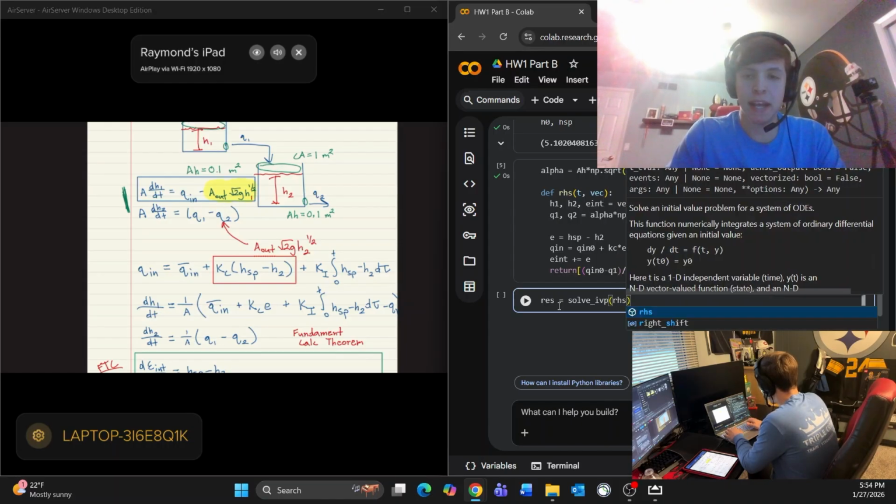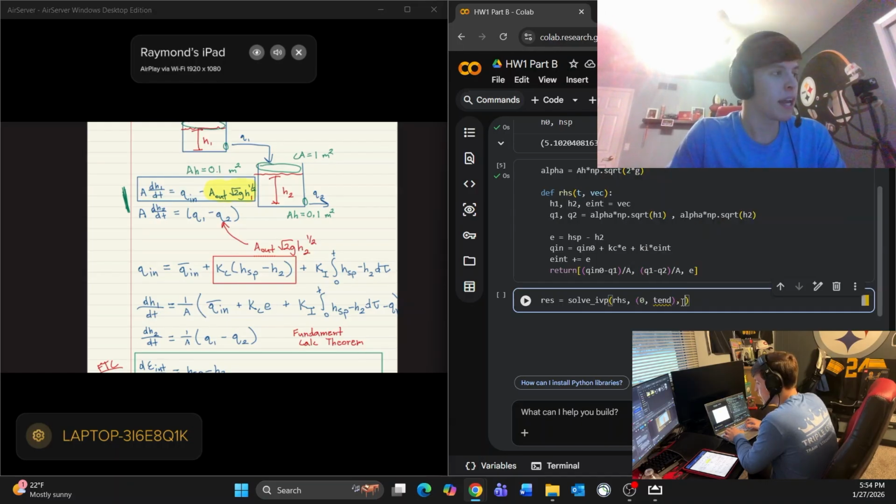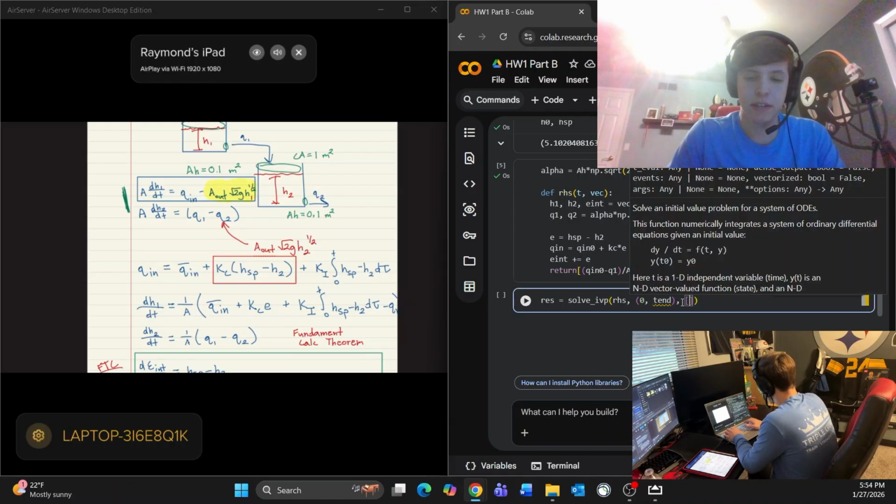And that is going to be right hand side, which was our definition above with our t and our vector. This is going to be right hand side, 0 to tend, which we set as 1,000, I believe. If not, we will reset that above. And then we'll hit another comma, and this will be our h naught, 0.